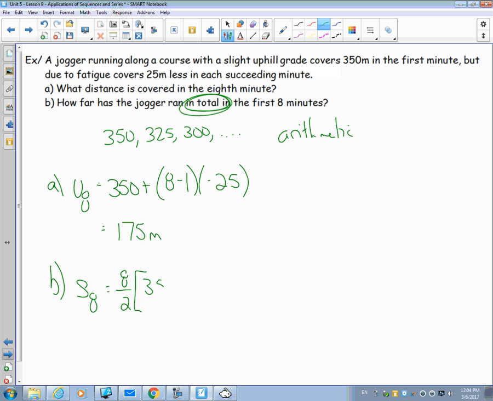So I can use my little shortcut here, U1 plus U8 in this case, and calculate. I can get 4, and then 350 plus 175 is 525, and 4 times 525 gives me 2100 meters. Now, if I didn't recognize to use the shortcut, I could use the long version of the equation too. It would work just the same. That's an arithmetic one.